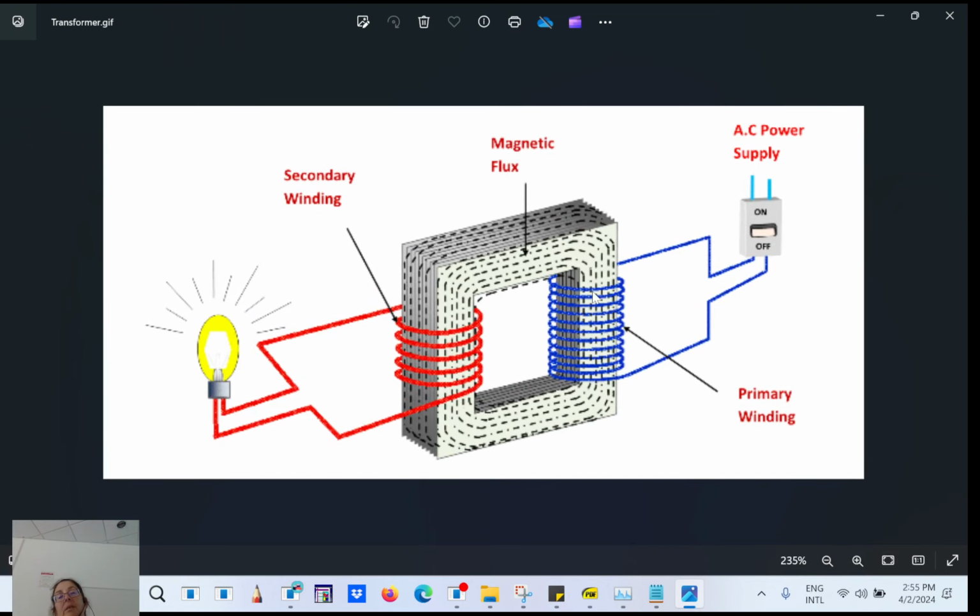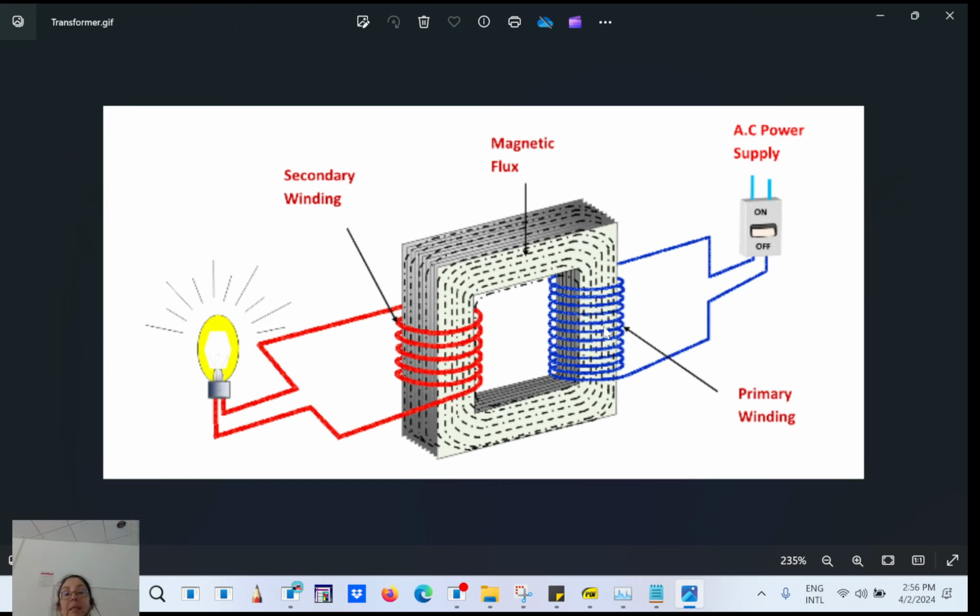So you see here, this is a transformer. Let's say it's made of soft iron, and here you have a circuit. That circuit is connected to an AC power supply. So the magnetic field produced here, remember, you can use the right hand. The current is going to wrap around the coil.